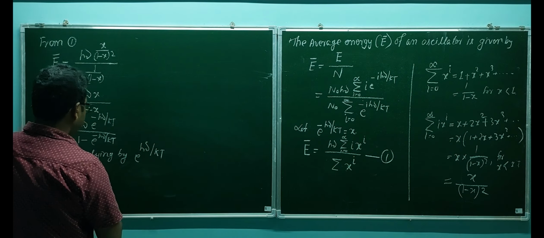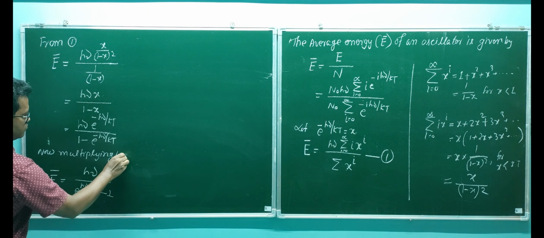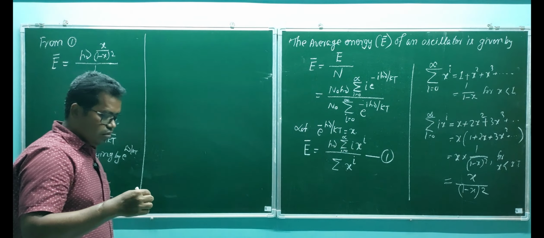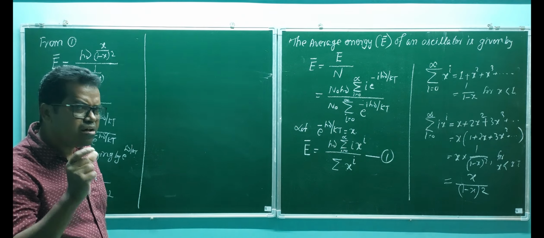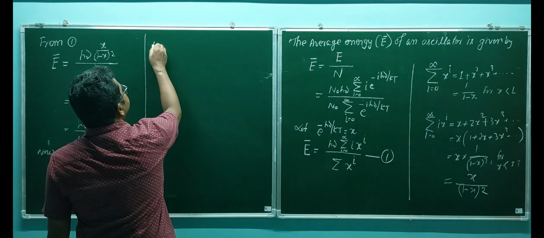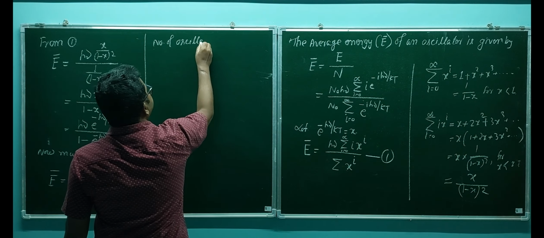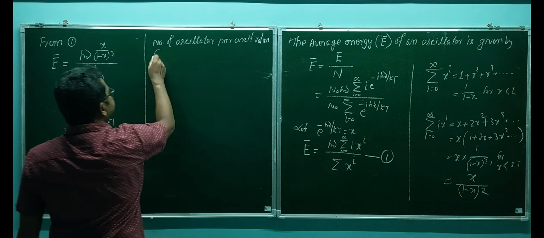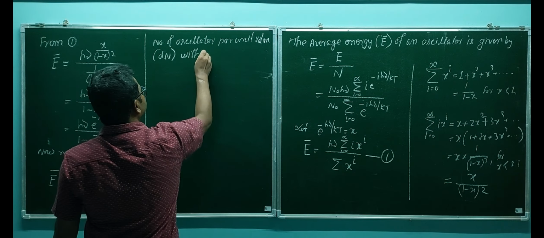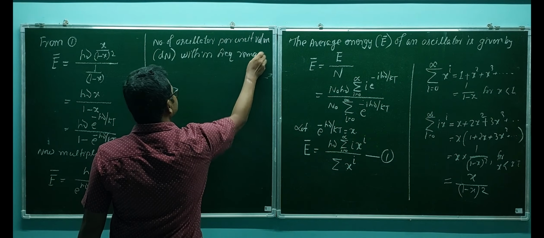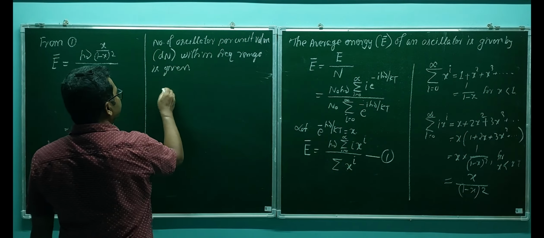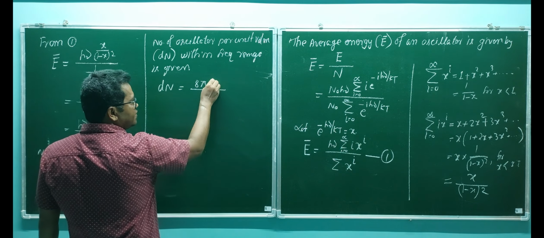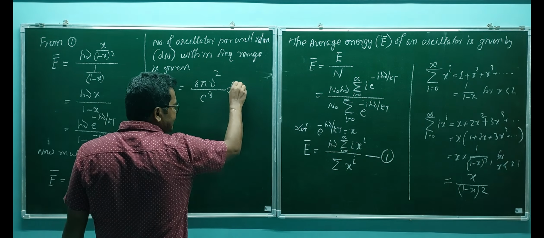Now the number of oscillators per unit volume, dn, within the frequency range is given by dn equal to 8 pi nu square by c cube d nu.